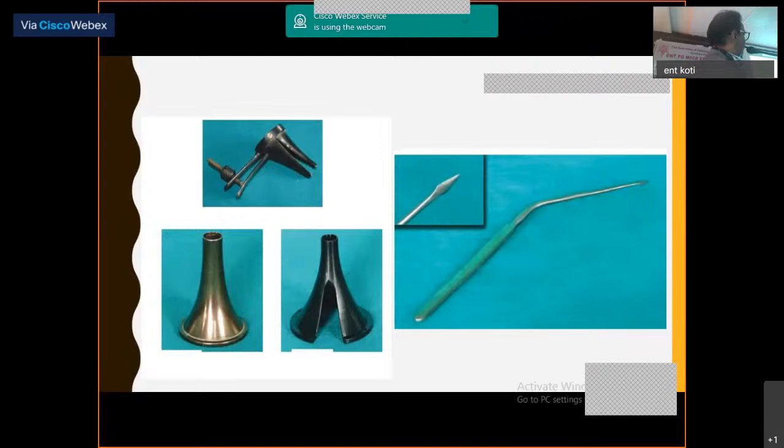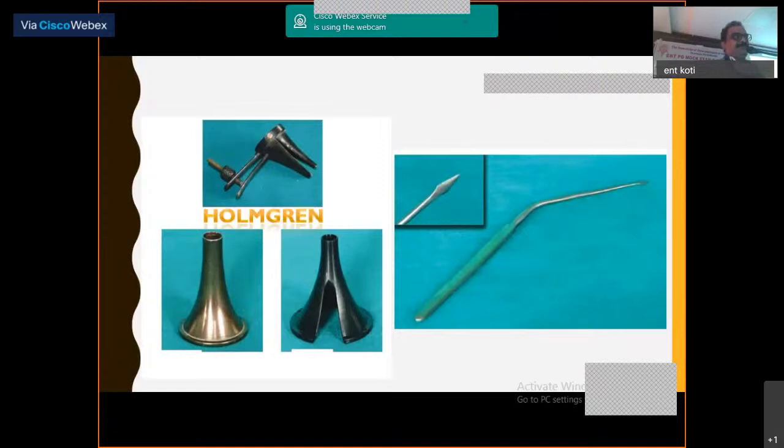There are three different types of aural speculum. See, postgraduates, we expect you to know the names, because people have struggled to design these instruments. Remember, they spent their lifetime making them. We use them today for easy examination and surgeries, so we need to remember the names of those who designed them.